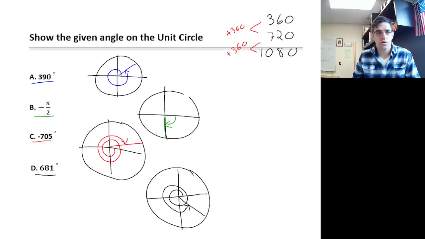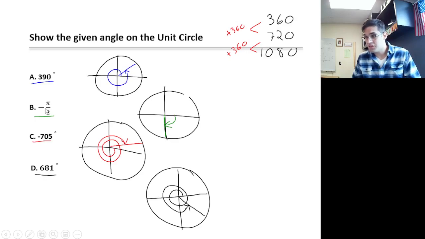Let's see here. If I want to rotate on the unit circle and find the sides of these angles, if it's greater than 360, we're going to just rotate a full circle and then the rest. Like 390, for example, is 30 degrees more than 360. So we would do one full rotation and then an additional 30 degrees.